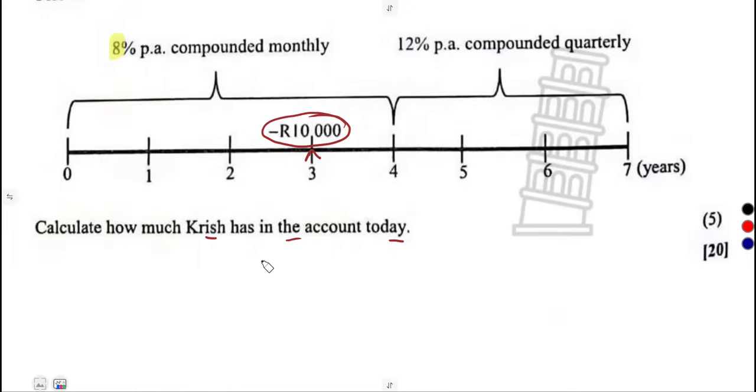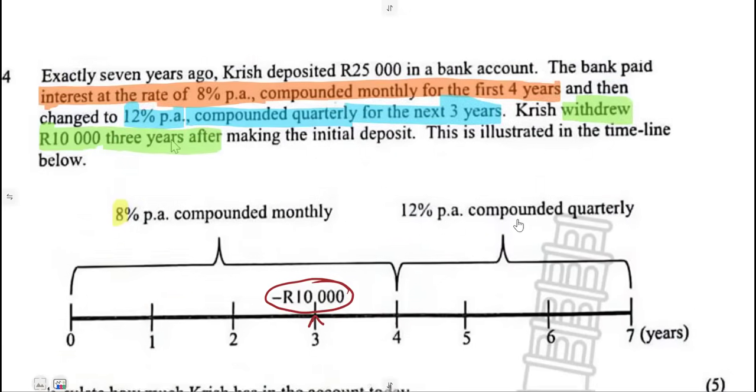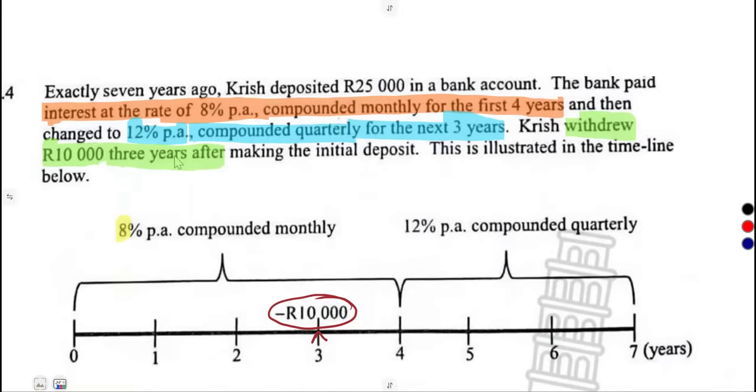In this case, as for me, I'm just going to combine. So try to understand my explanation here, because I'm going to combine everything. Remember, the deposit was 25,000. 25,000 was deposited. That's our principal.